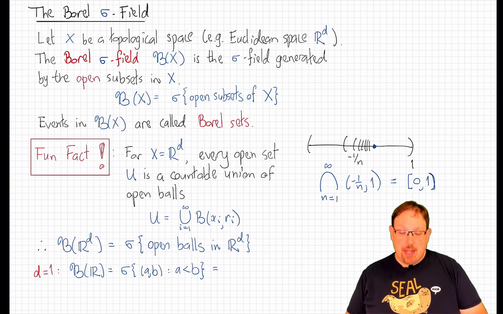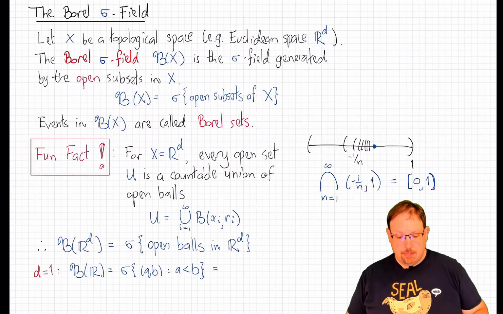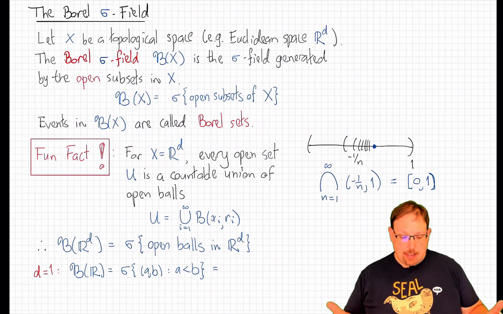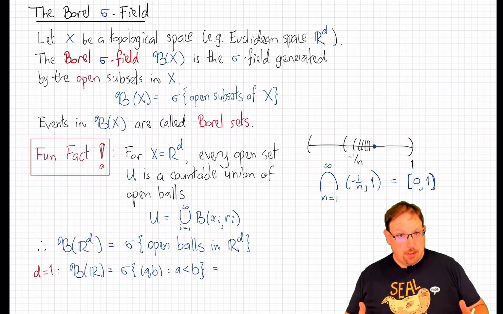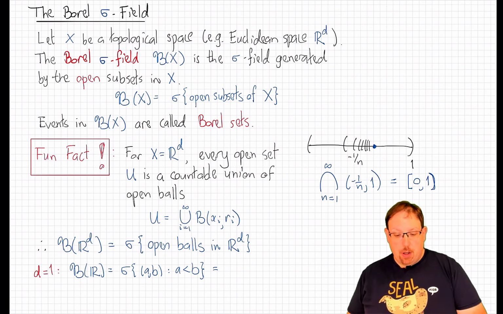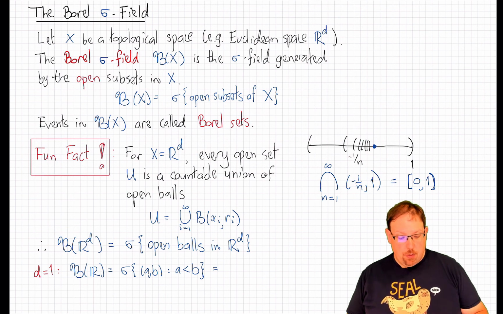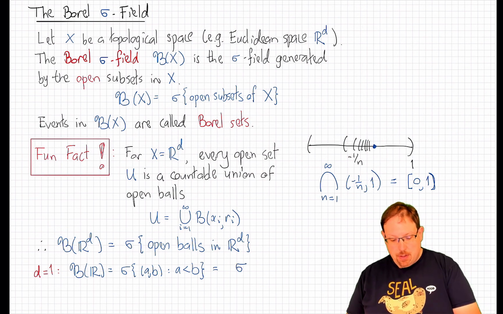And if you'd like to prove that, the easiest way is using the exercise. So we can think of the Borel sets in Euclidean space as the sigma field generated just by balls. In one dimension, balls are open intervals. But as we just noted, we could also consider all sorts of competing definitions, which give the same result. The Borel sets over the reals are also the sigma field generated by the set of all half-open intervals, like this.